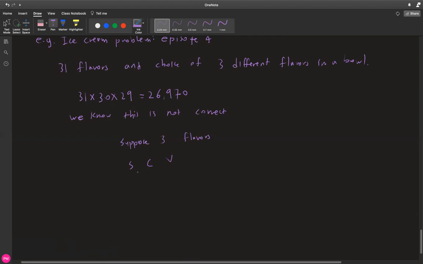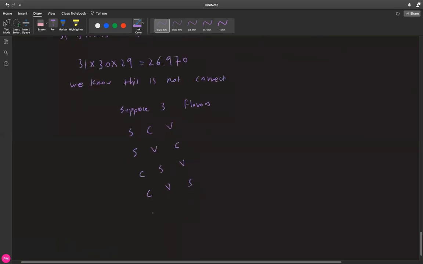And if we were to order the 3, it means that we can have either chocolate, vanilla, strawberry, or vanilla, strawberry, chocolate. And we can have chocolate, strawberry, vanilla, chocolate, vanilla, strawberry, and we can also have vanilla, strawberry, chocolate, vanilla, chocolate, strawberry.